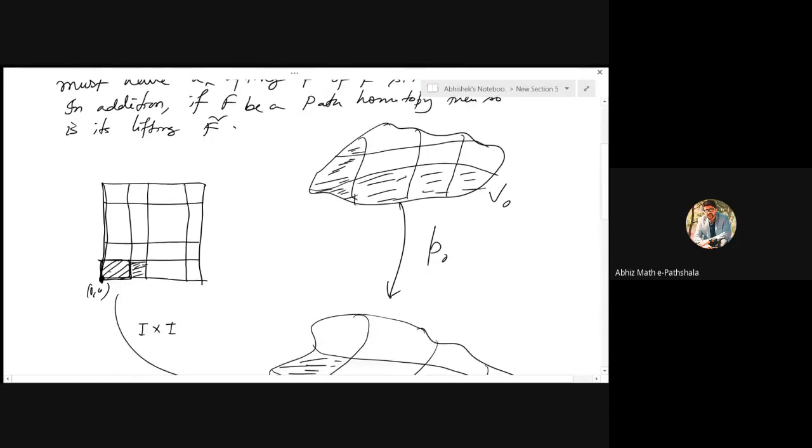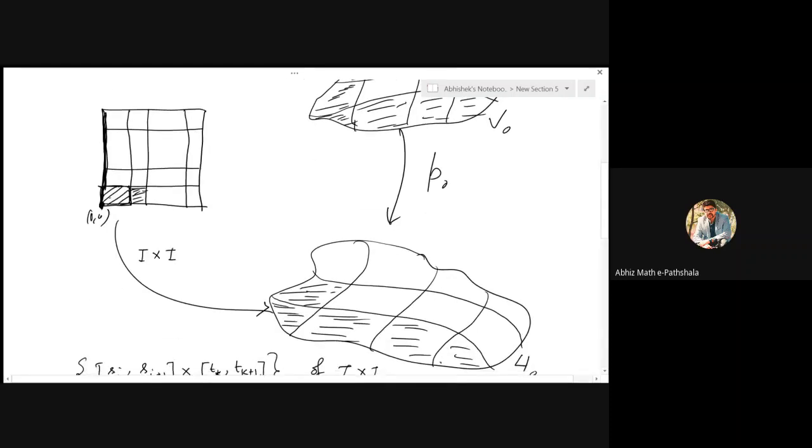Because if you take this left edge, then this left edge will go to the point B naught by the map capital F. This is your f tilde.